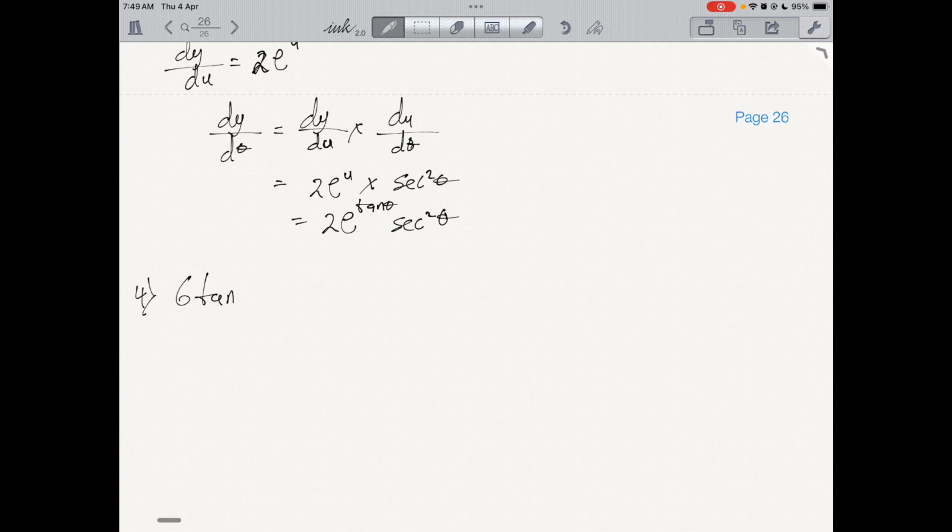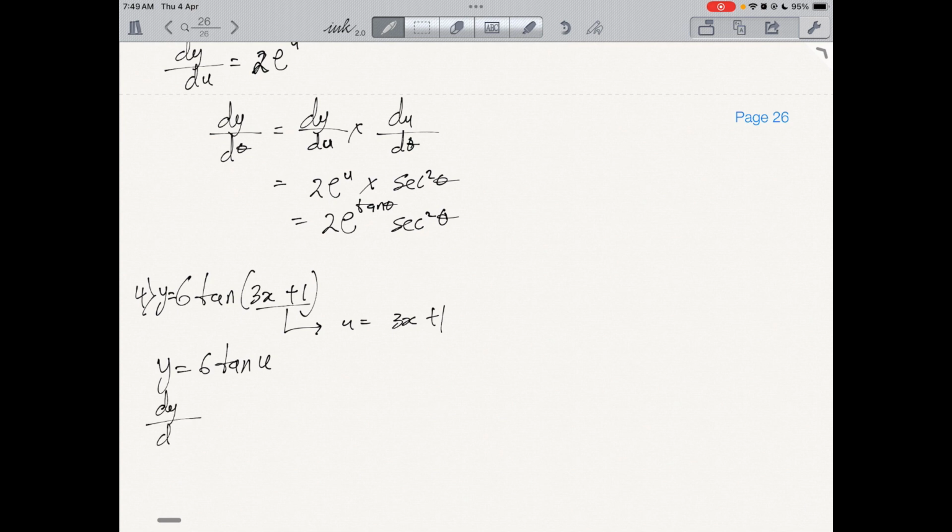Finally, as we wrap up on this, let's take another example. y is equal to 6 tan of 3x plus 1. Now we can say our u is equal to 3x plus 1, and our y will become 6 tan u.